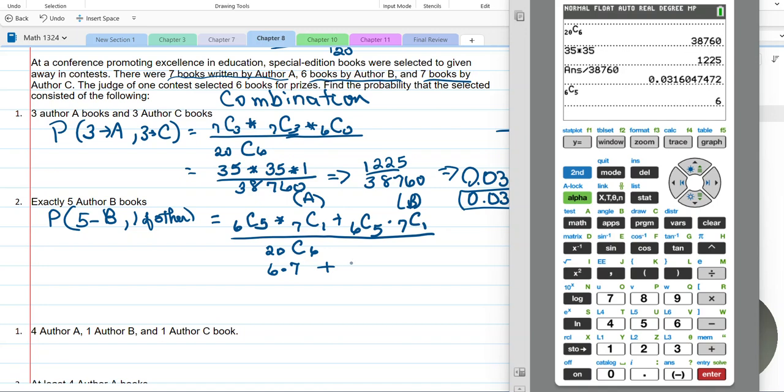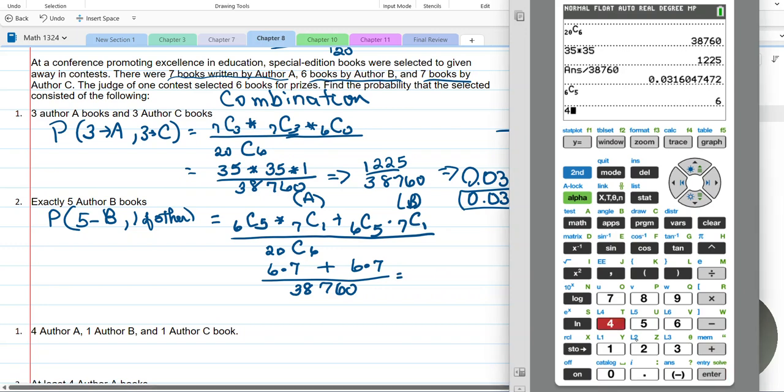And this is the same, 6 times 7. All over what we already found out to be 38,760. All right. So that's 42 twice. And that would make it 84, wouldn't it?